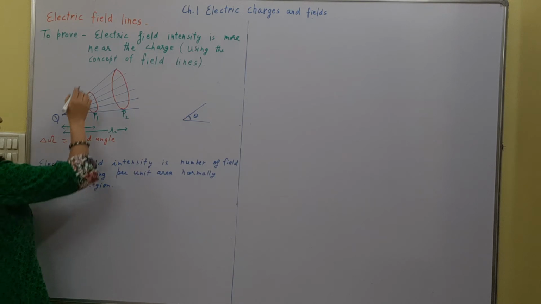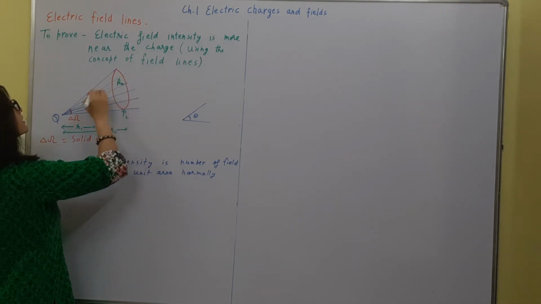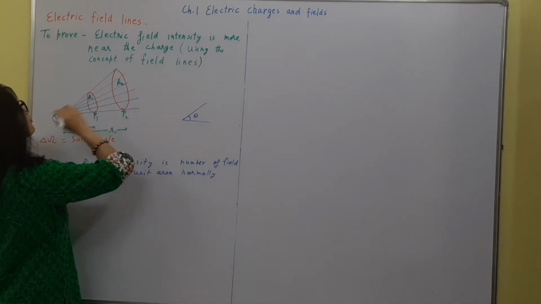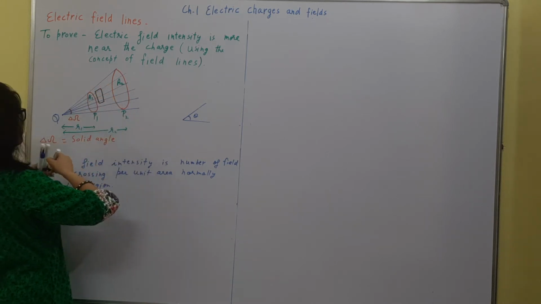I mark the area here as A1 and this area as A2. And I consider a small surface area which is equal at two different places.